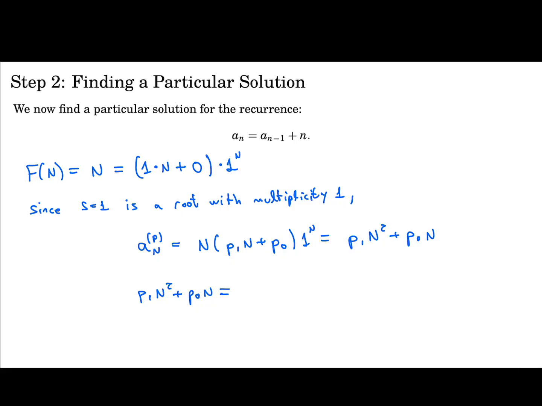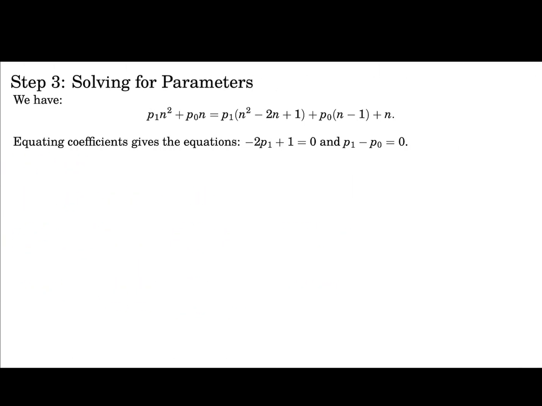So a_(n-1) is going to be p1 (n minus 1) squared plus p0 (n minus 1), plus n. And now we need to expand this to find the coefficients. So this is the equation we're looking at.